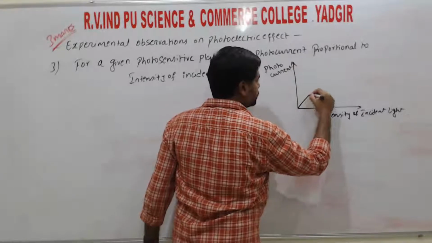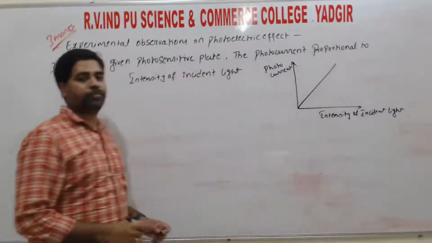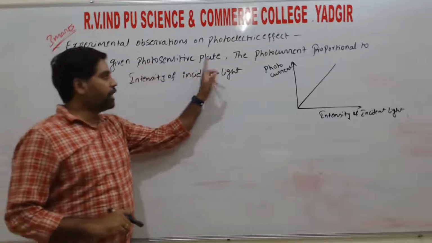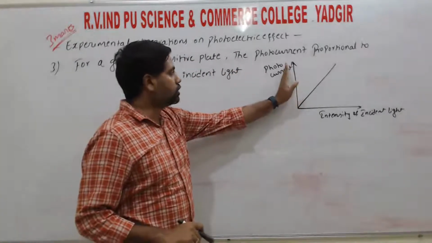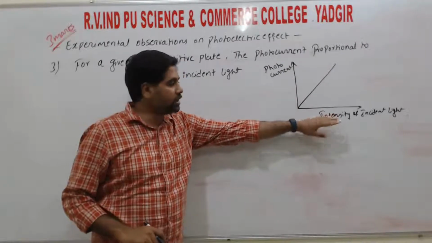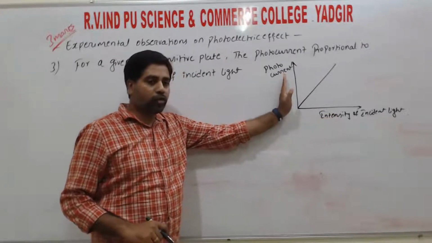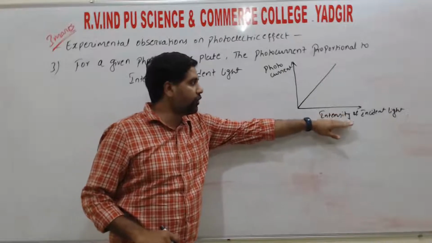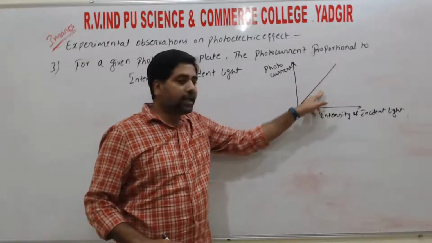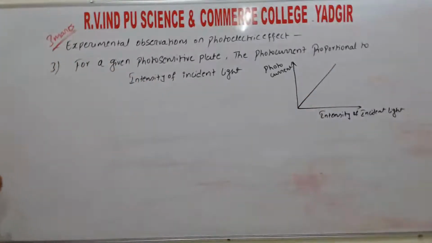Then the curve is like this. For a given photosensitive plate, the photocurrent is proportional to the intensity of the incident radiation. If the intensity is 0, then the photocurrent is also 0. If the intensity is 5, then the photocurrent is also 5. That's why it varies linearly, right? So this one is the third point.